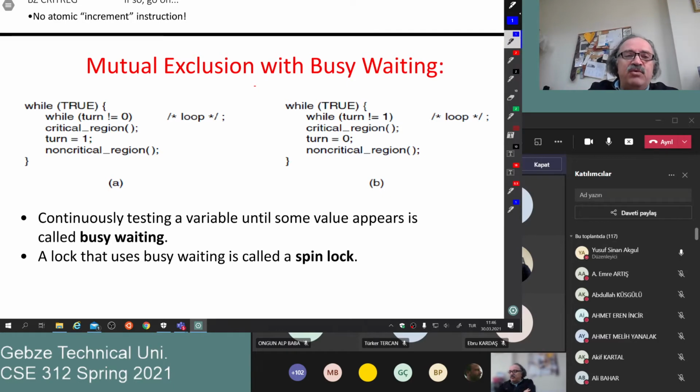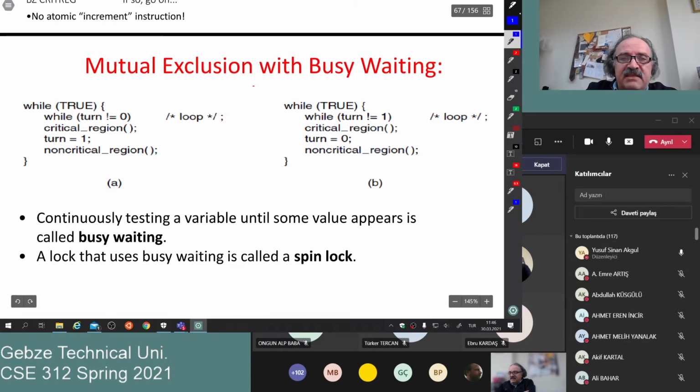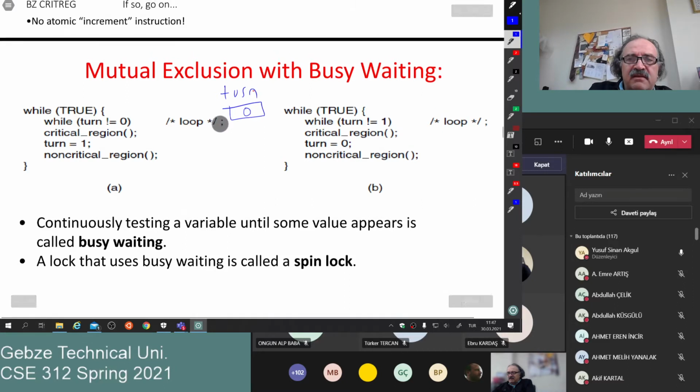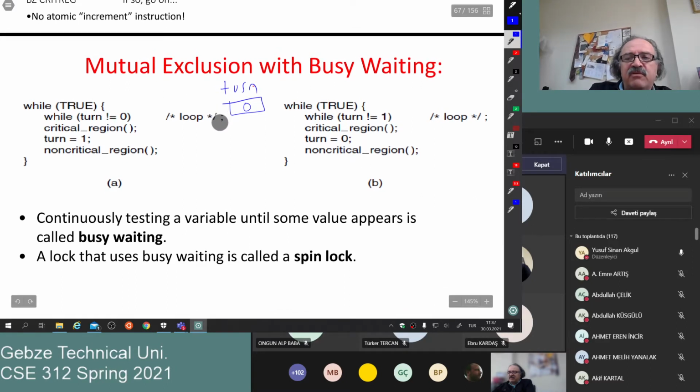Let's say I have two threads, thread number 1 and thread number 2, and they share the same global variable turn. Let's say turn is 0 at the beginning. Let's run this loop. This loop says that if turn is not 0, this is an infinite loop.